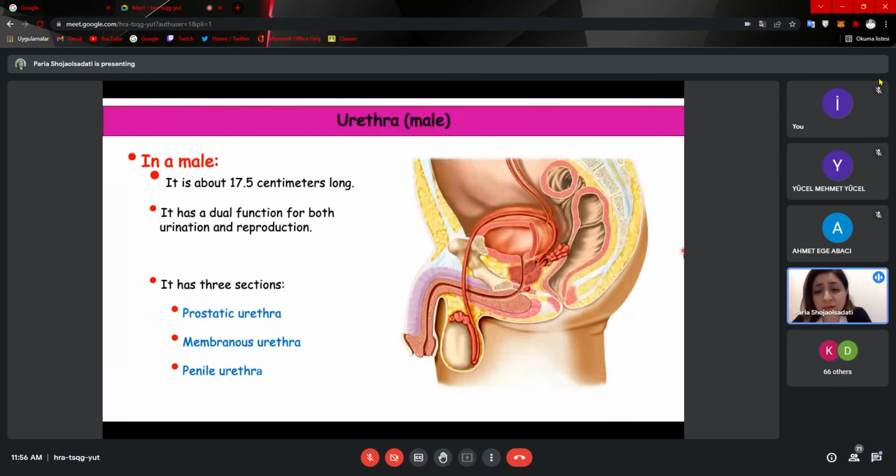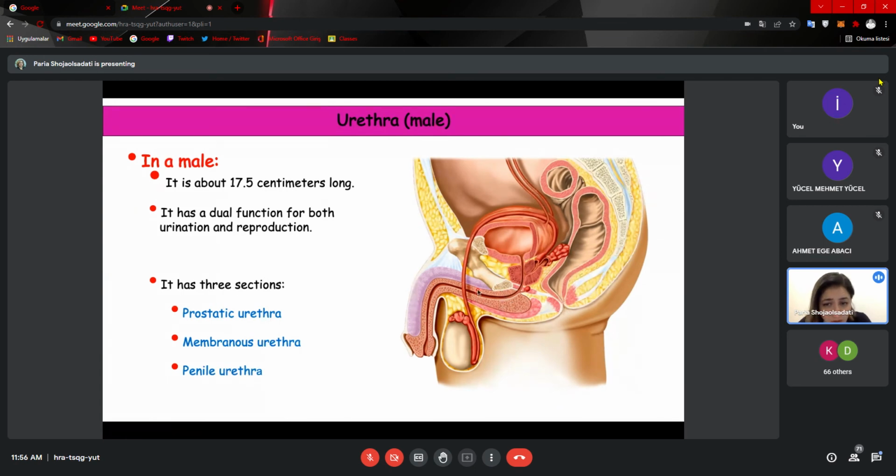You can see the same structure. Let's take a look at the part in the mid-sagittal section. This initial part is famous as the preprostatic. Inside the prostate, it's named the prostatic. Then we have 1 or 2 centimeters named the membranous urethra, and the last part is famous as the penile urethra or spongious urethra.